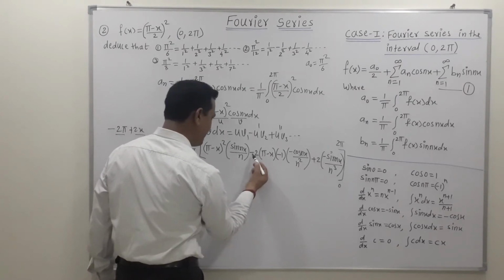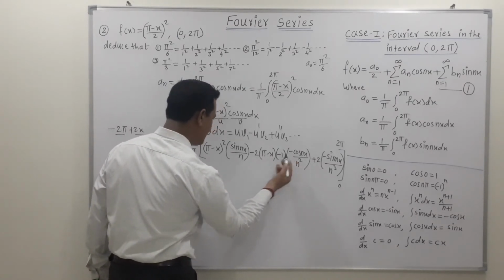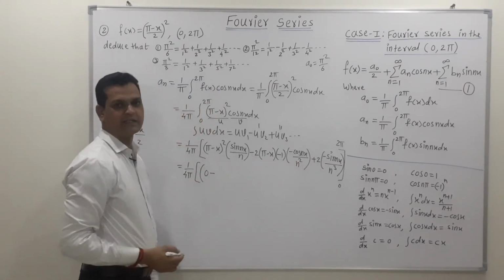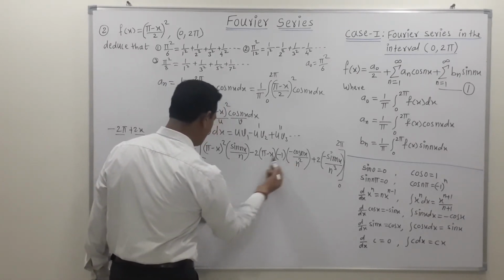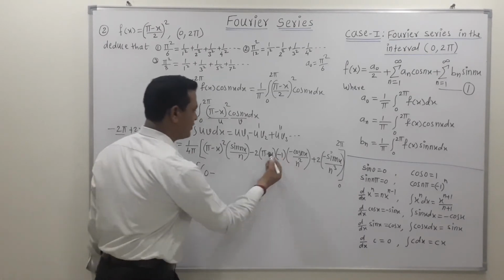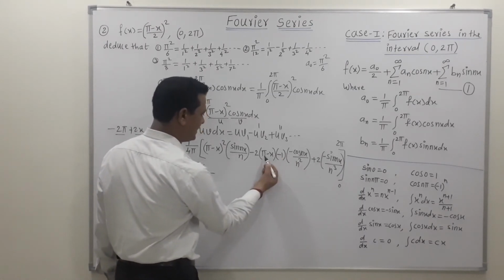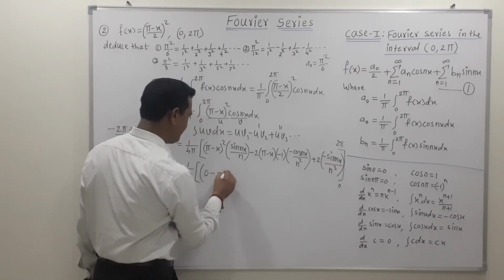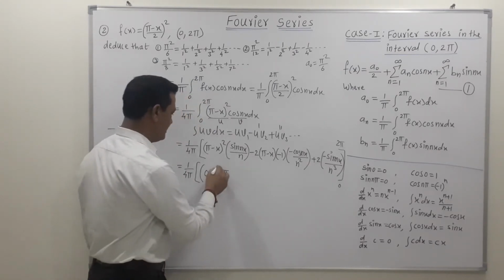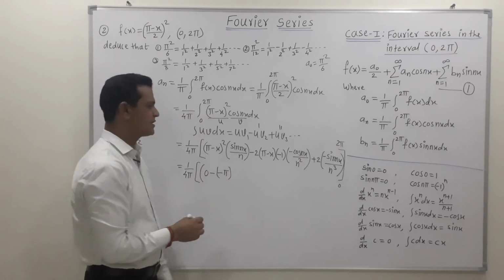Minus minus becomes plus, again this is minus, so the sign is minus. If we put the upper limit x equal to 2 pi, then pi minus 2 pi gives minus pi.